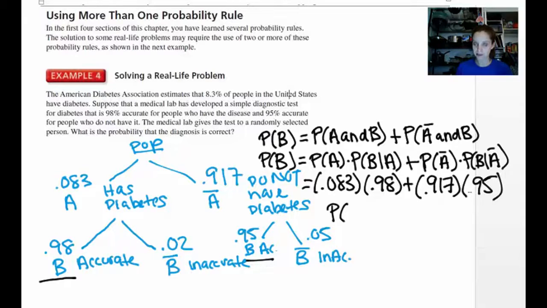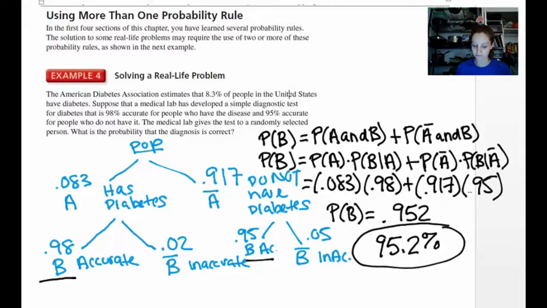And when we multiply each pair and then add them, the probability of B, getting a correct diagnosis, is 0.952, which is 95.2% accurate. That is the probability that the diagnosis is correct.